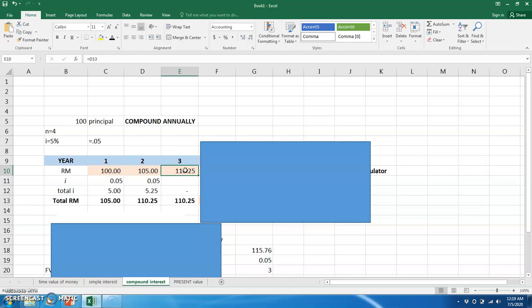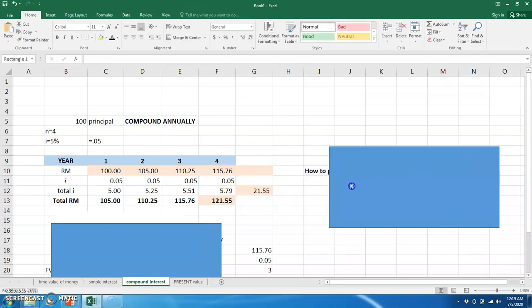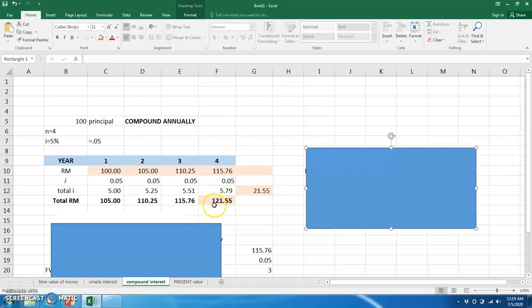Don't do it too fast because you might get confused. Then you put here 0.05. See, the principal is increasing, and then the total ringgit is increasing. And then year 4 is 0.05. So the total that you get is 121.55.